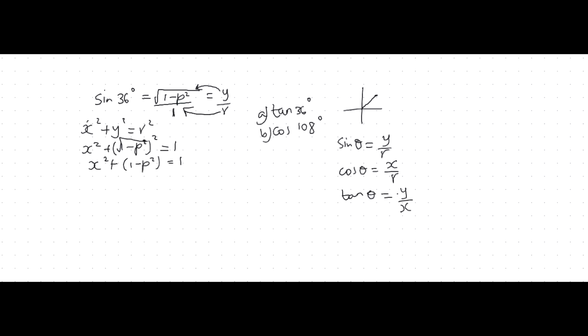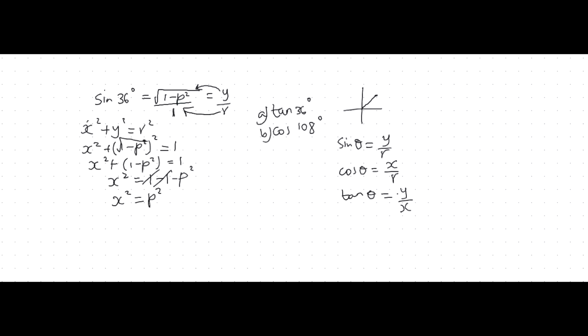Then you solve for x. You take everything to the right. You have 1 minus 1 plus p squared. These two will cancel out. Then you have x squared equals p squared.